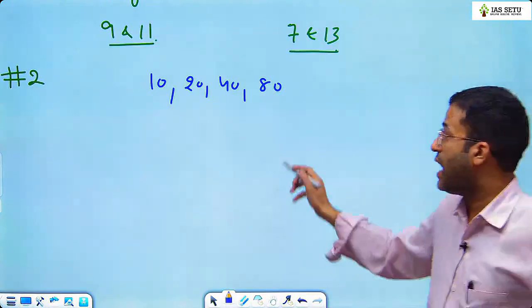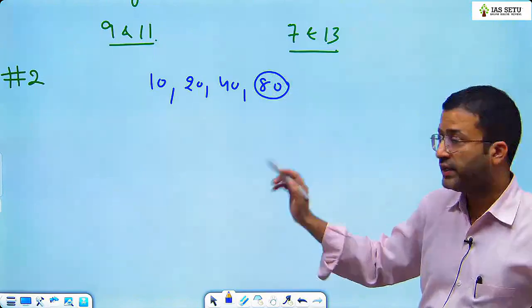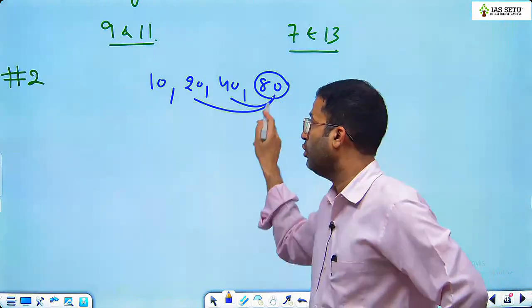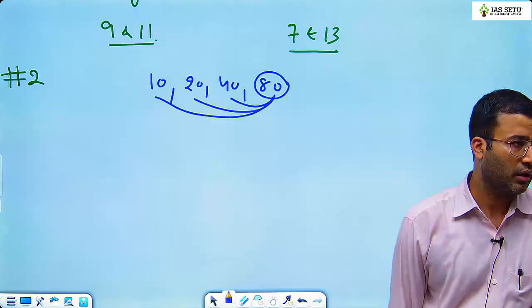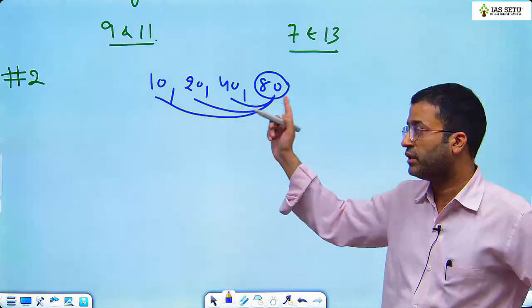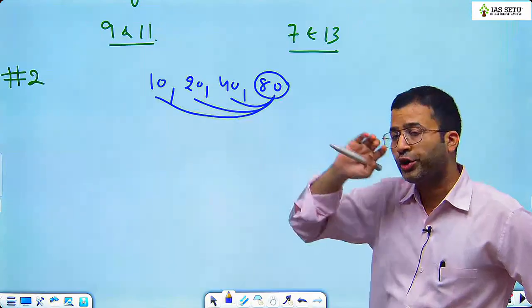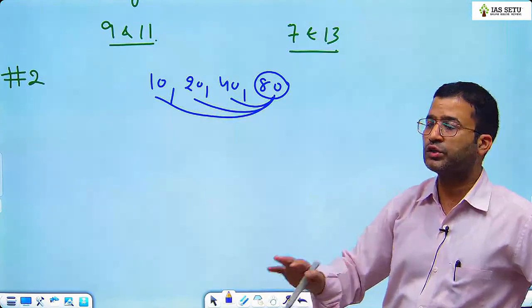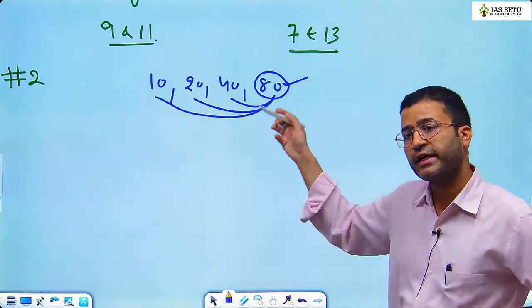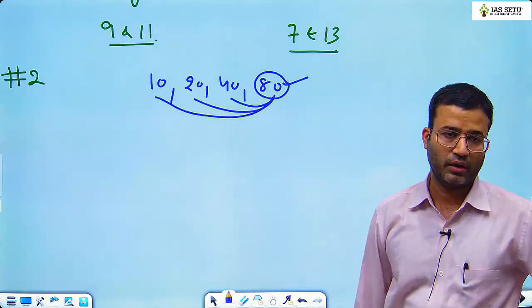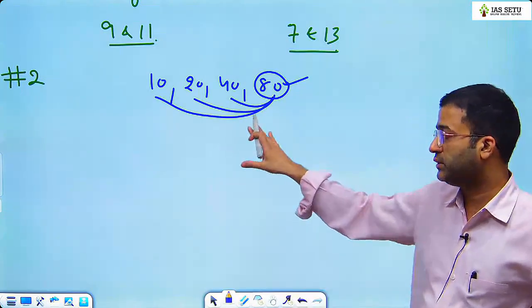If the largest number is the multiple of all the remaining numbers. Here 80 is a multiple of 40, 80 is a multiple of 20, 80 is a multiple of 10. No need to waste your time because you can directly conclude here 80 itself is the LCM.